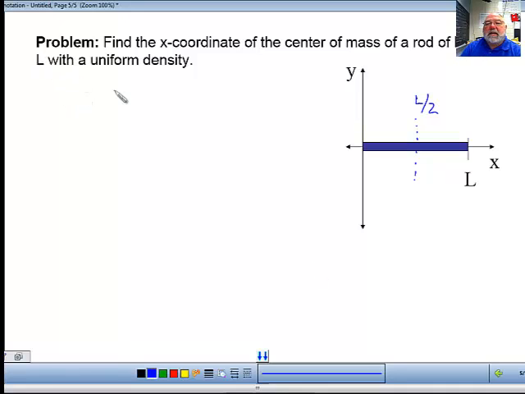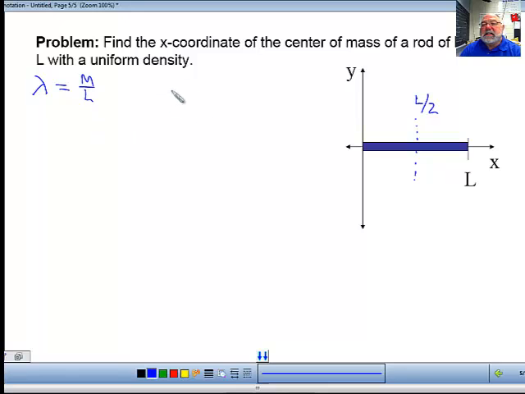Okay, so we have a long thin rod. The density, the mass, is a function of its length. So I'm going to use linear density. Lambda is equal to the mass per unit length. If I wanted to find out how much mass this entire rod had, I would take the density times the length, and that would give me the mass.